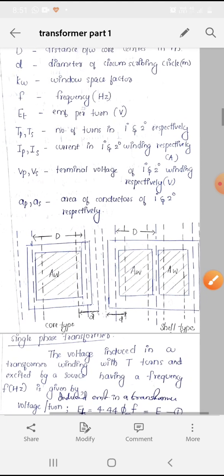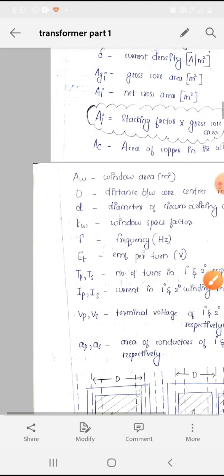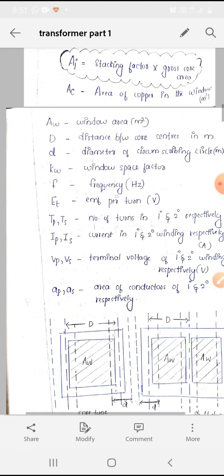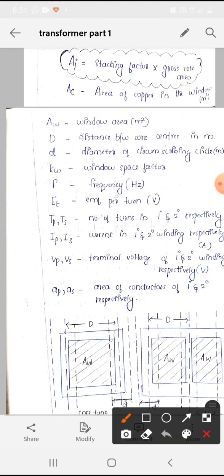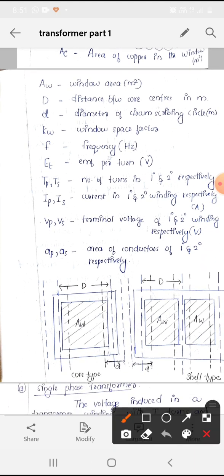So let's familiarize the core type and shell type. So this is the Aw. So that is the area of window. Okay, so window area is Aw and capital D, as you can see, here to here. Capital D is the distance between core centers in meter, and small d is the diameter of circumscribing circle.